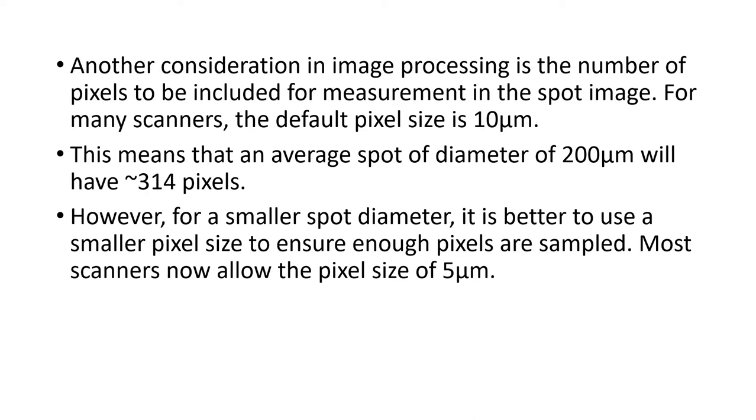So you can divide the 200 by the 5, that means 40. In the 200 micrometer there are only 314 pixels. Now you can calculate how many pixels will be there within the 5 micrometer. So the number of pixels will be reduced here.